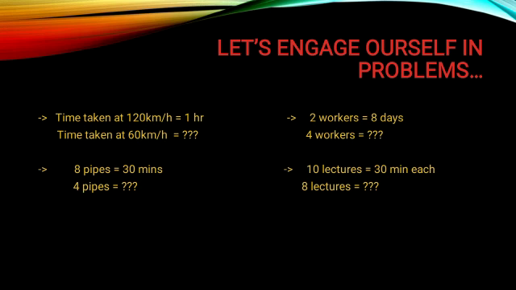This is exactly from your general life. Many times you are visiting some places with your parents, so there you can experience this. If your father is driving the car at a high speed of 120, then you reach that place very soon, in a short interval of time.